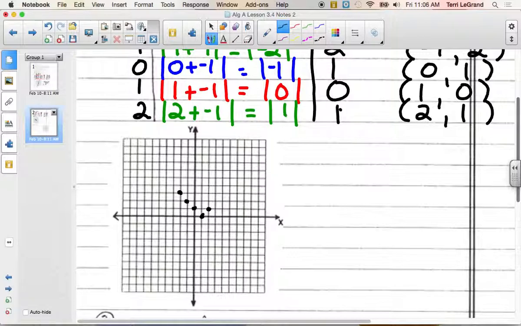Okay, but here's what we do this time. We can't draw a straight line that goes through all 5 points. I remember I said we do a smooth curve when they don't all line up in a line. I got ahead of myself. If they look like they're making a V, which an absolute value equation should do, then the point where they start to turn is where our line starts, and it doesn't go beyond it.